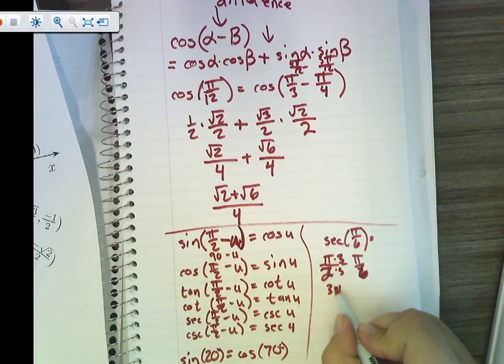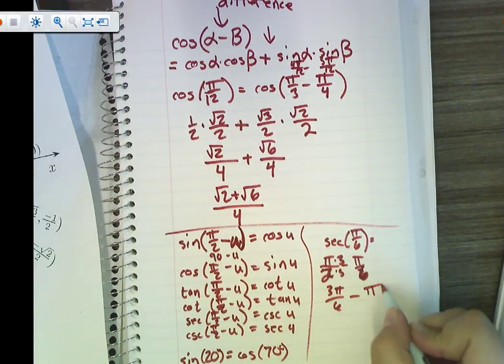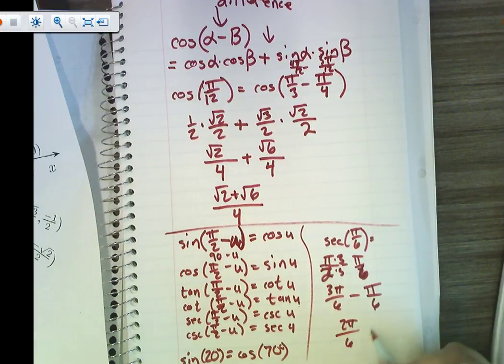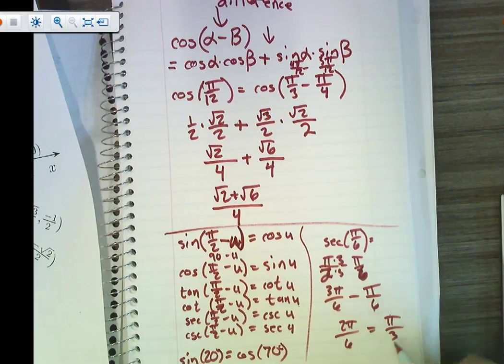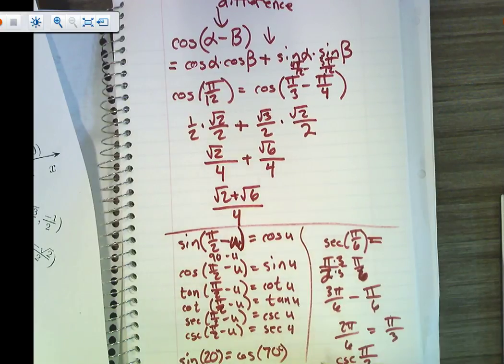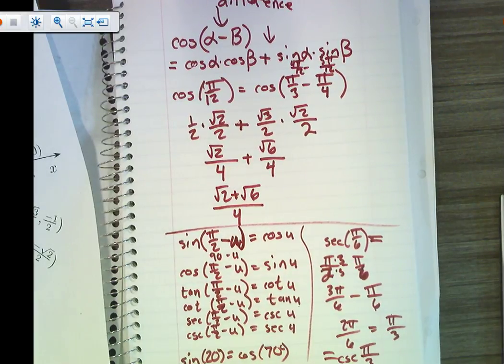So I'd have 3 pi over 6 minus pi over 6, and I would have 2 pi over 6, which is pi over 3. And then secant goes with cosecant, so I'd write cosecant of pi over 3. Okay? So those are that last little bit that they're just trying to throw in there because it needs to go somewhere.